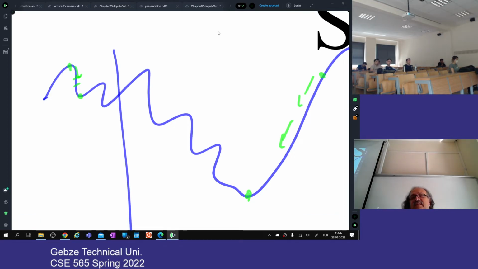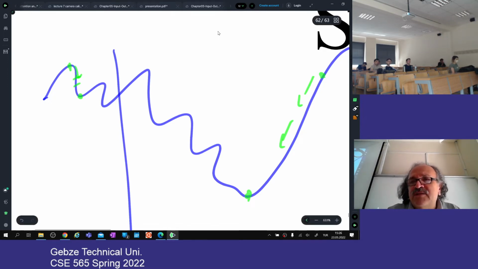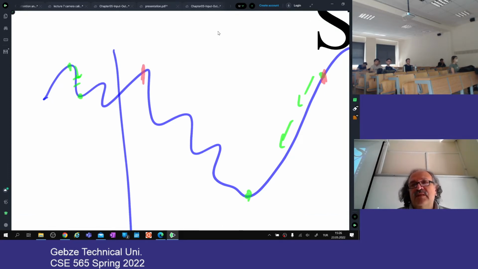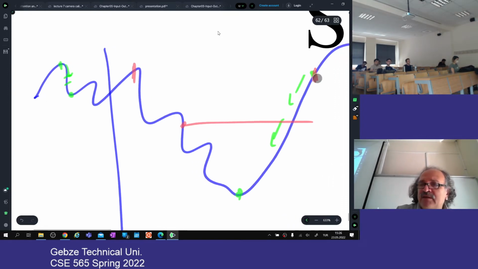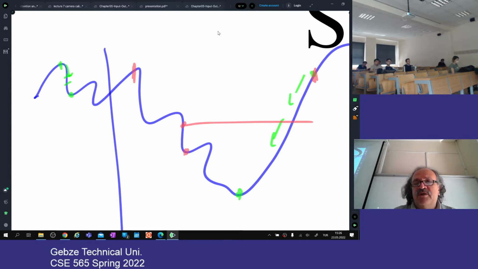What I'm saying is that if you are lucky, or if you are smart, you would somehow start from a position like this instead of a position like that. If you started from this point, although it has a smaller value than that one, you will end up here, and you won't be able to recover.